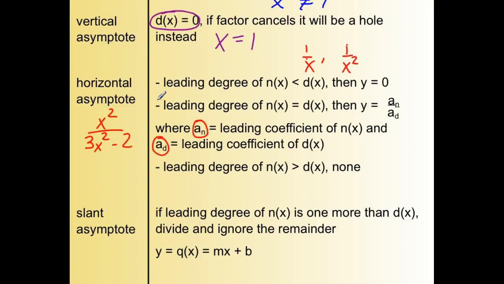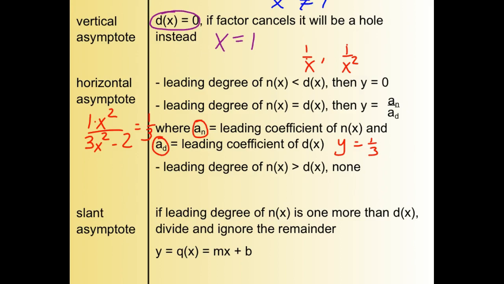For our example, the leading coefficient of our numerator is 1. The leading coefficient of our denominator is 3. I'm getting the 1 from 1 times x squared, and of course the 3 from the 3 times x squared. So our horizontal asymptote would be y equals 1/3 for that example off to the left there.